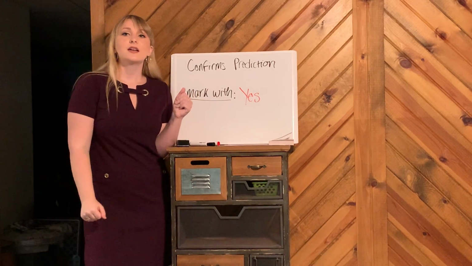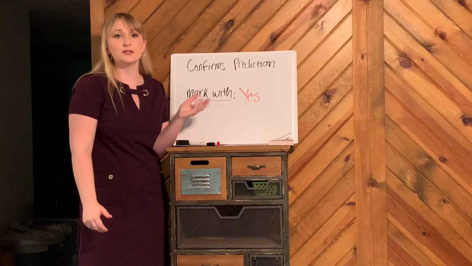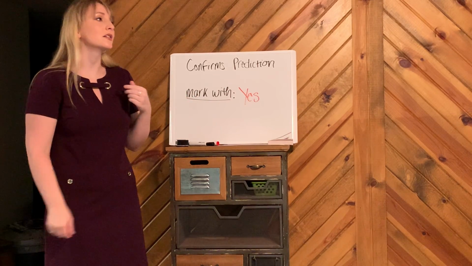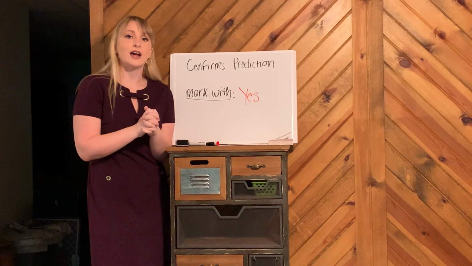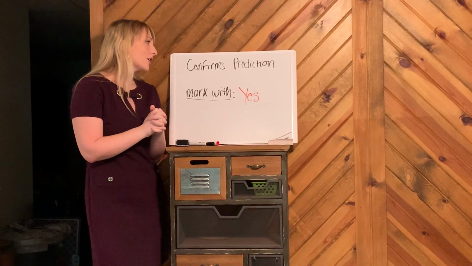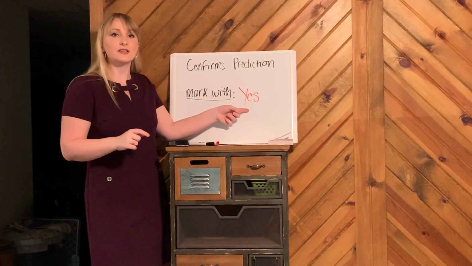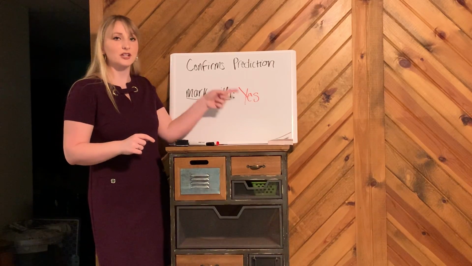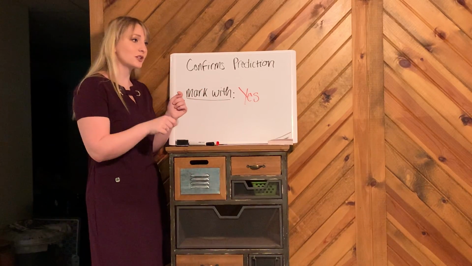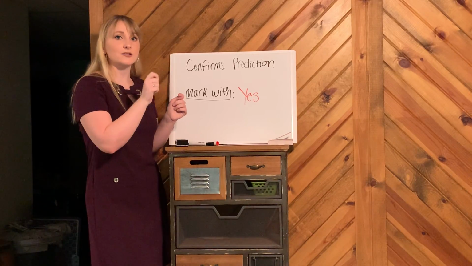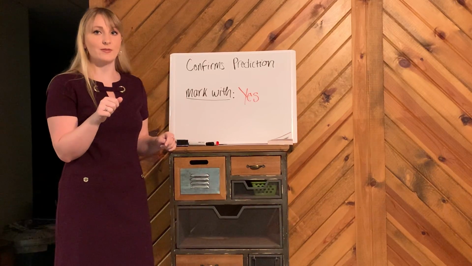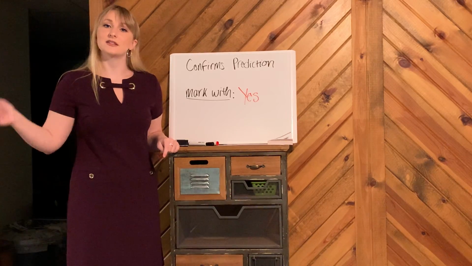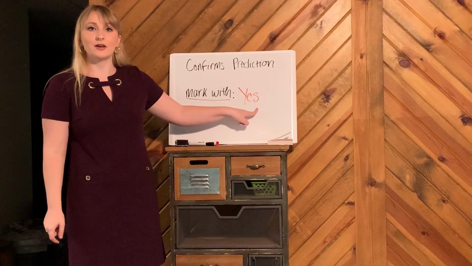You thought that Juliet was going to die from actually drinking the potion. She takes the poison and you confirm that she's actually going to die. So you would put a yes next to the scene that confirms that she's dying, because you made the prediction earlier on by putting a question mark or a pound sign or an exclamation point by an important passage that made you think, okay, I think that Juliet is going to die because of X, Y, and Z. So you're going to put a yes mark by that passage.